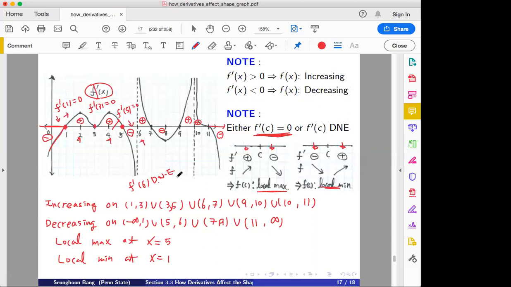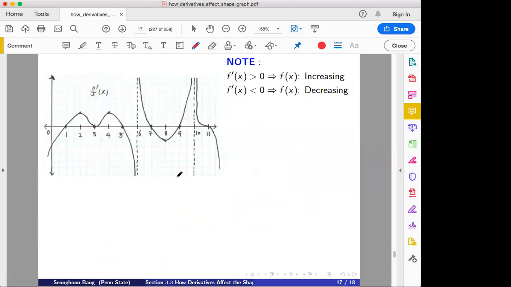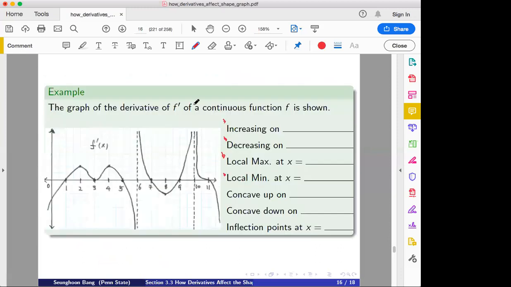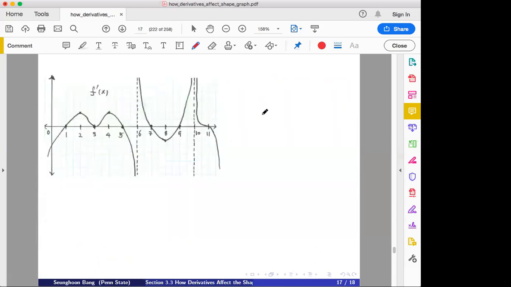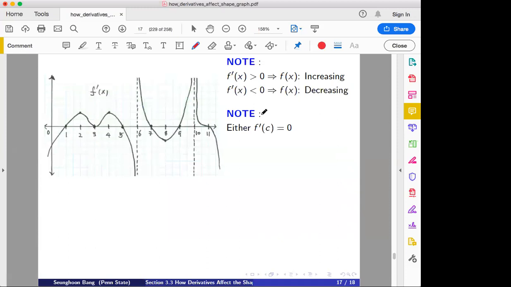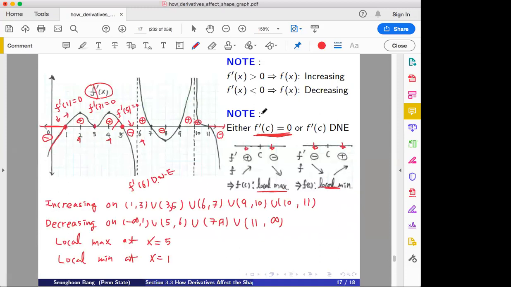Local maximum, local minimum, or neither at 6. What do you think? Here, what are the exact conditions? Function f is a continuous function. This is a very important thing. Function f is continuous, well connected. So f prime of 6 does not exist.